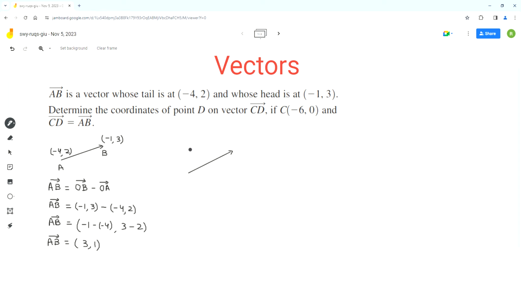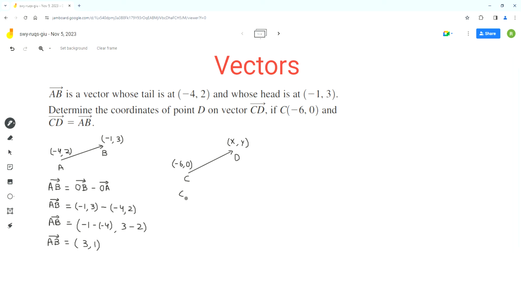C is the tail or the starting point of this vector and D is the head or the tip of the vector, so that's why we draw the arrow at D. Let's assume point D is (x, y). We don't know what point D is, we have to find the coordinates of point D, so we'll do the same analysis to find vector CD.